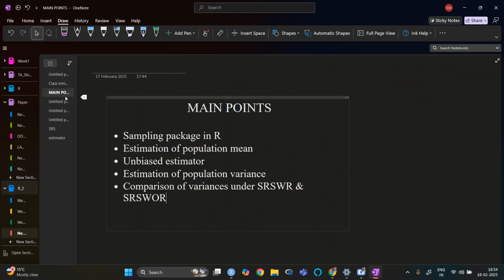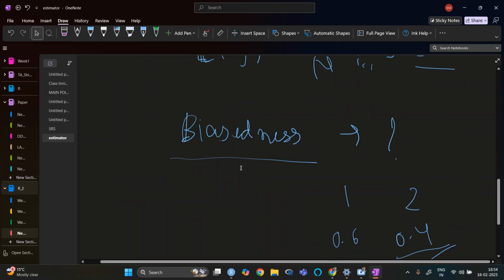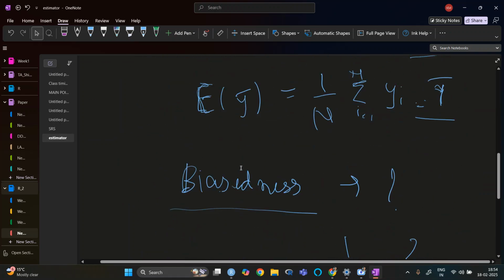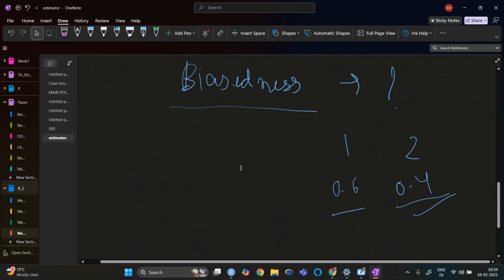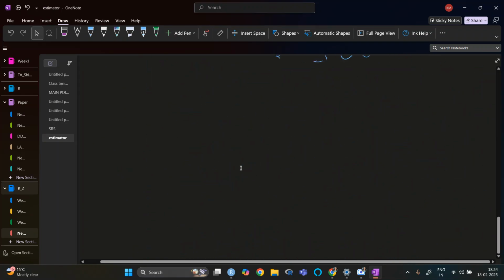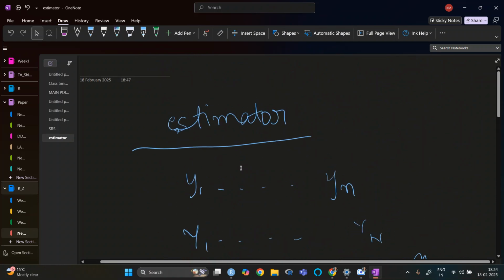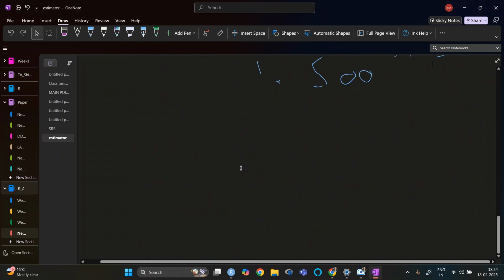The unbiased estimator we have seen already. The next is estimation of population variance. Now, why is population variance needed?